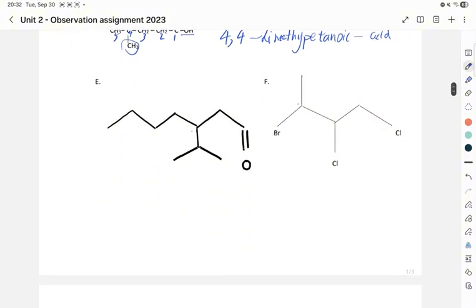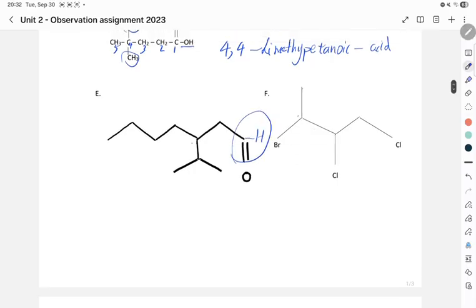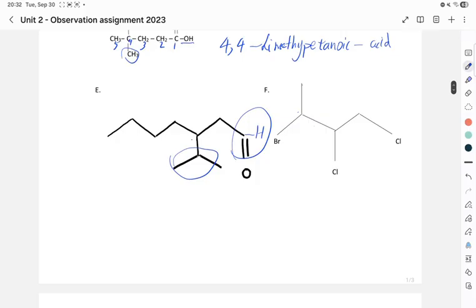And for E, it is a line diagram, and we don't write the hydrogens. So actually, the functional group for this is the aldehyde. And for the branch, we notice that it should be iso. First of all, let's determine the parent chain. The parent chain is this one, the longest chain that contains the functional group.